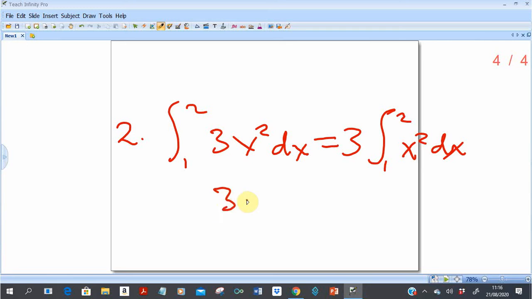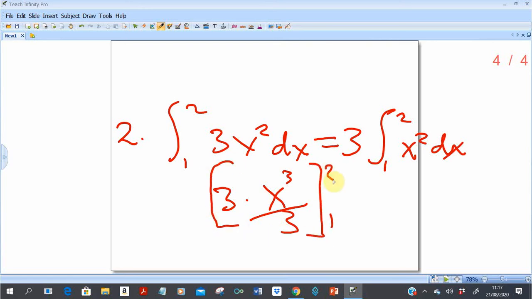We have 3 multiplied by x to the power 3 over 3. Okay, so now we are not going to put a c. We just put the limits 1 and 2. But this 3 cancels with that 3. So you just remain with x to the power 3.